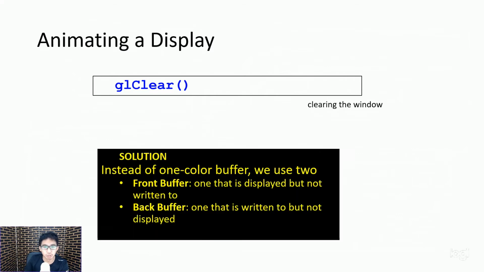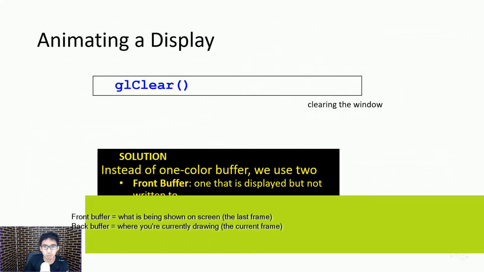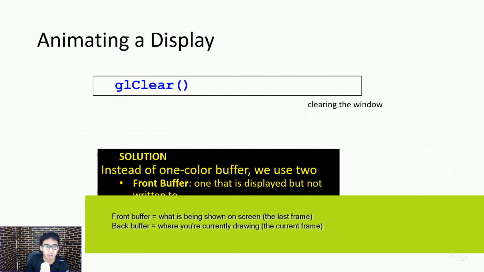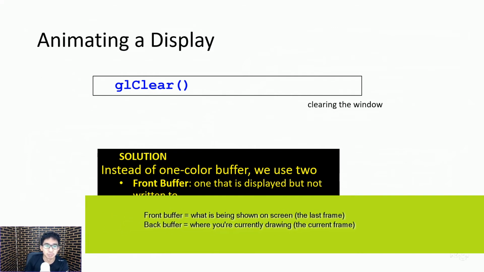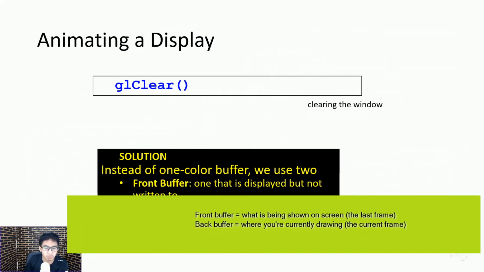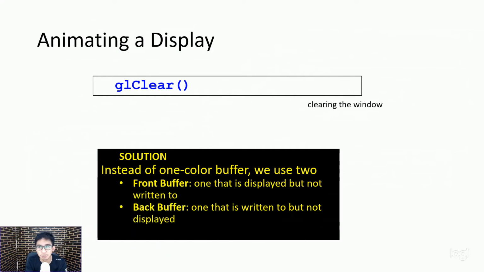So what is the solution? Instead of one color buffer, we use two, that is, a double buffer. So let's look at the meaning of one color buffer or two color buffers. What is a buffer? A buffer is something like a memory where you keep changing the lane that carries the data.